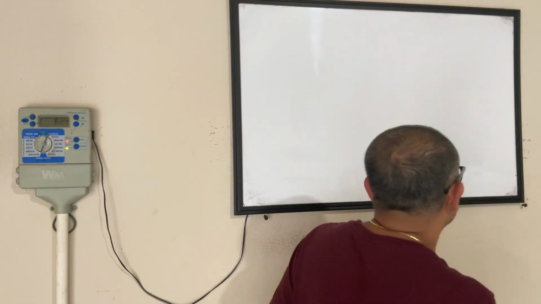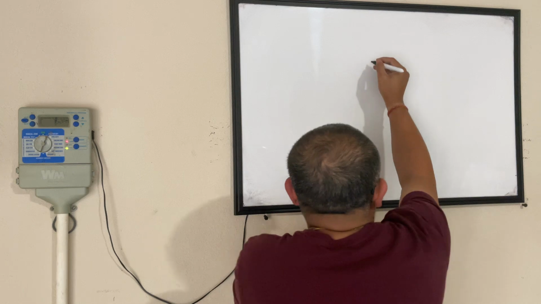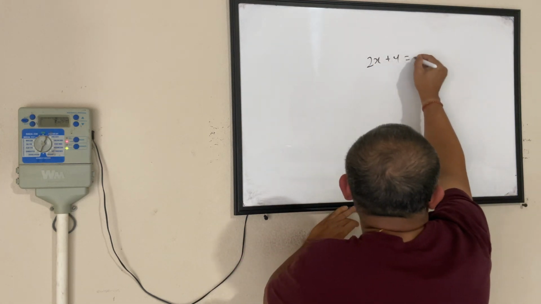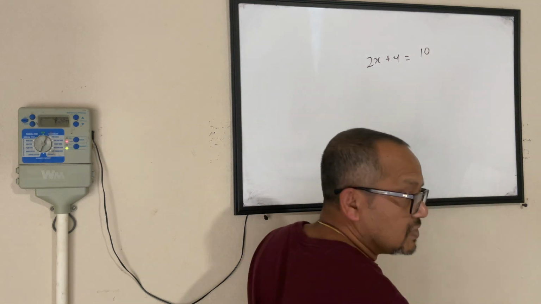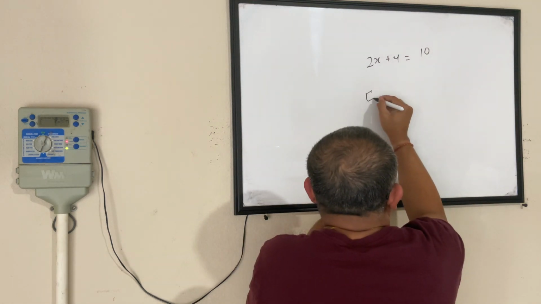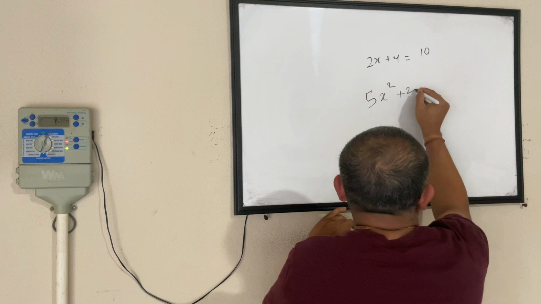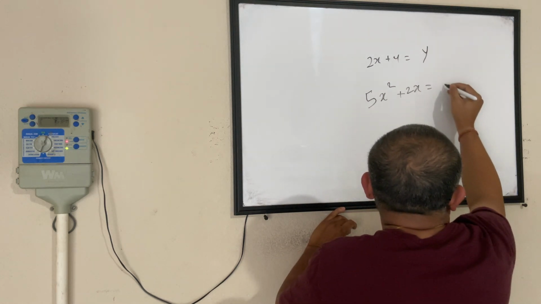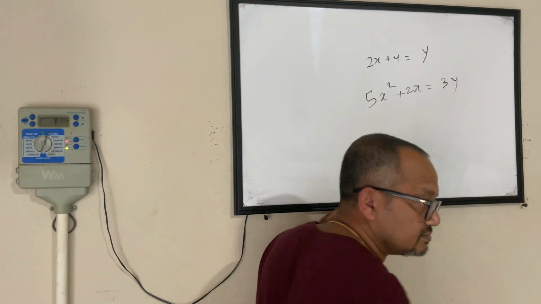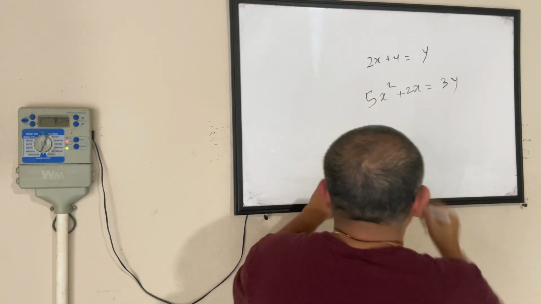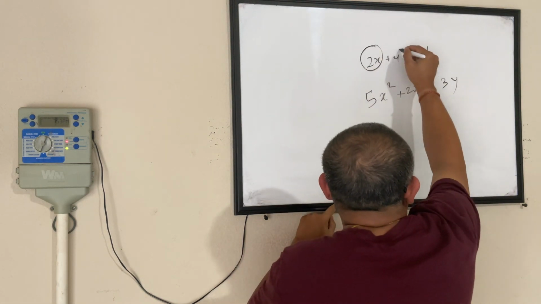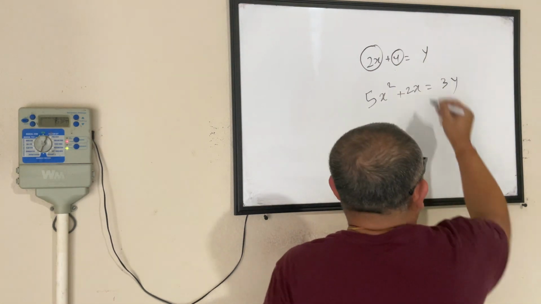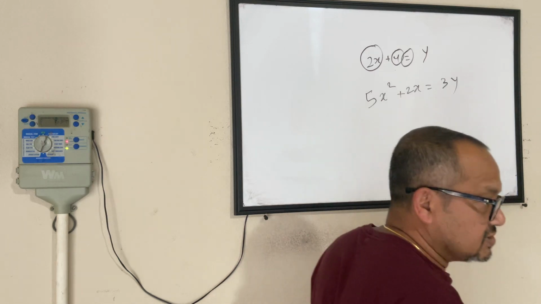Just for everybody to recall, if I have an equation, let's say 2x plus 4 equals 10, or 5x squared plus 2x equals 3y. These are called terms. Everything that is separated by a plus or any operation or by an equal to sign, those are called terms.